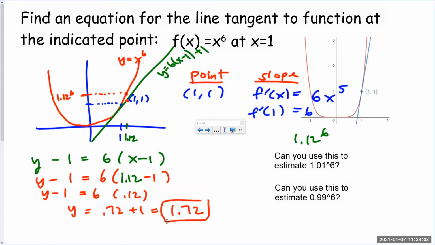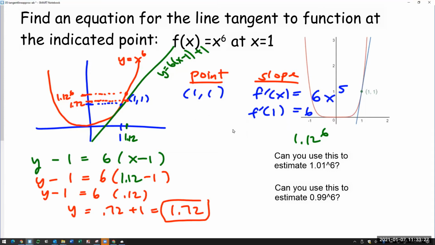So what is this saying? This is saying that if I come here to 1.12, come all the way up here, this red dot right here is actually 1.72. And how far away is it from 1.12 raised to 6? Well, let me see. Go get my calculator.